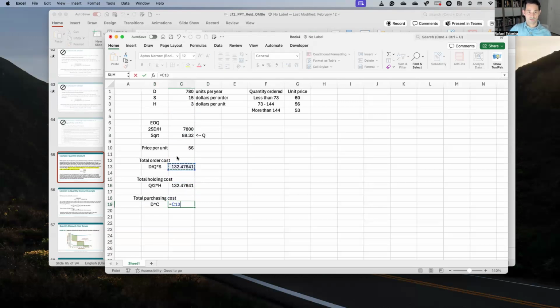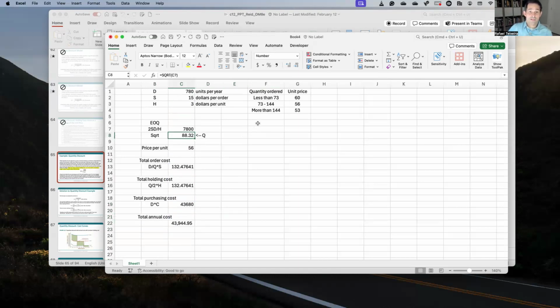In this case it is 780 times 56. So my total annual cost is going to be equal to this plus this plus this, all three costs. Let me put it in. $43,944, okay? If I order this amount.